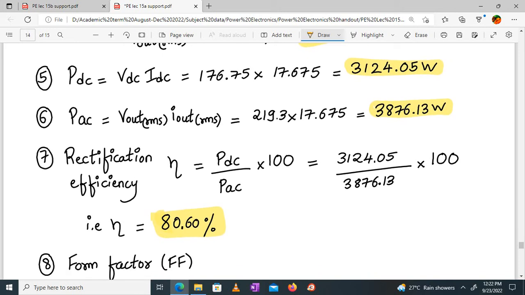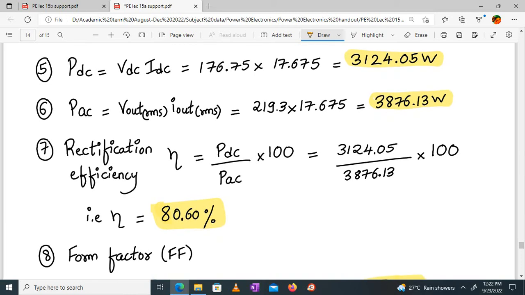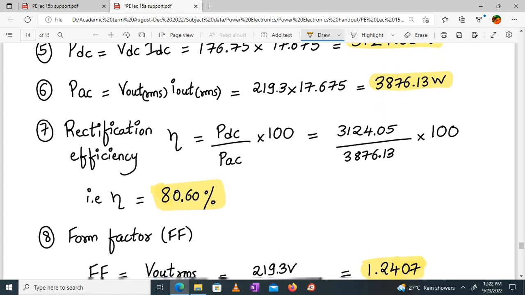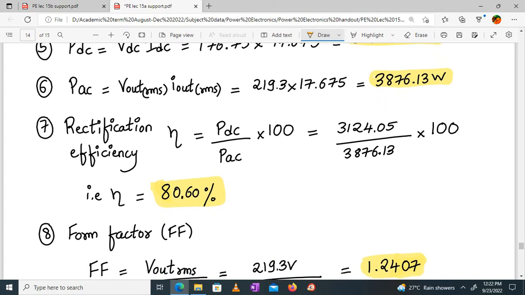Next, calculate form factor. What is the formula for form factor? So you have both the values, calculate. Remember the basic definition, not the result. All of you completed rectification efficiency. Can I move down?